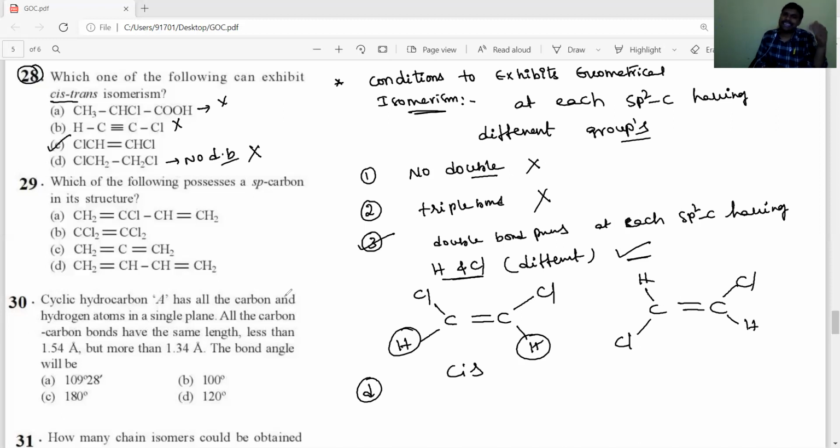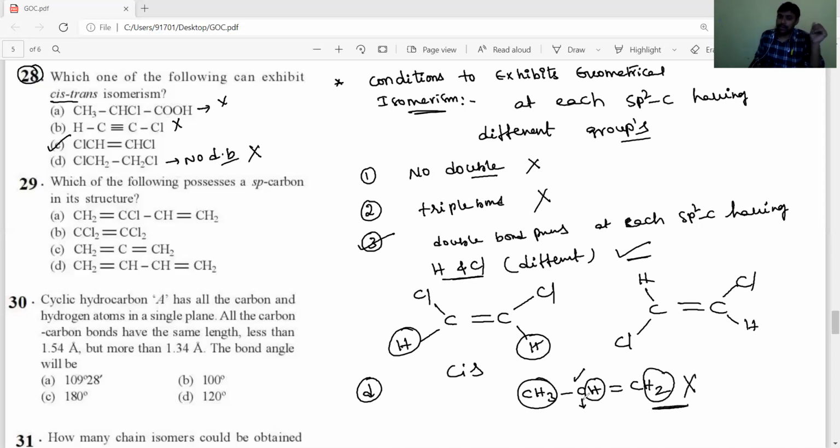So even without checking this condition we can identify it. Sometimes they give only a double bond, for example CH3-CH=CH2. See, this carbon has different groups, CH3 and hydrogen, that's okay, but here both groups are the same, that's why it does not exhibit.